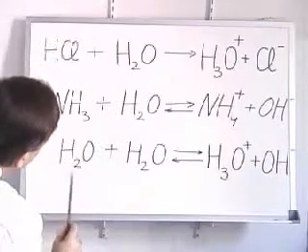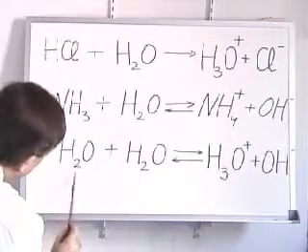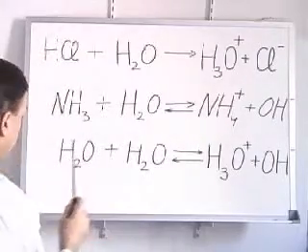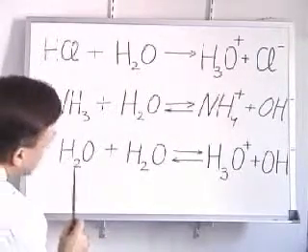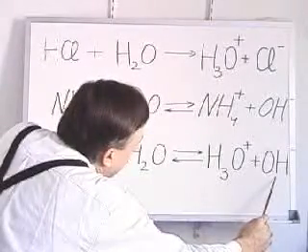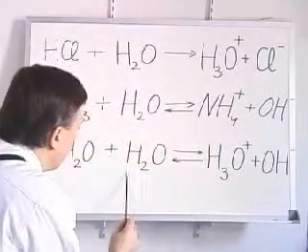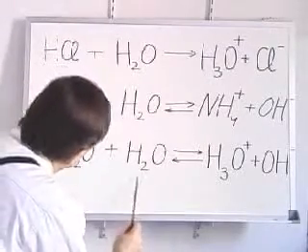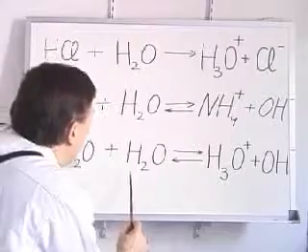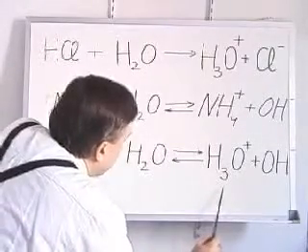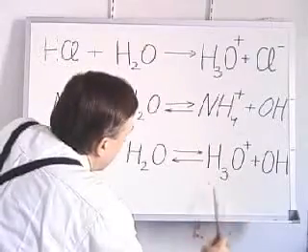Thus, the first molecule qualifies as an acid. In the process of donating the proton, the first molecule creates its own conjugate base, the hydroxide ion. The second molecule of water, the acceptor of the proton, acts as a base, and in the process of accepting the proton, it creates its own conjugate acid, the hydronium ion.